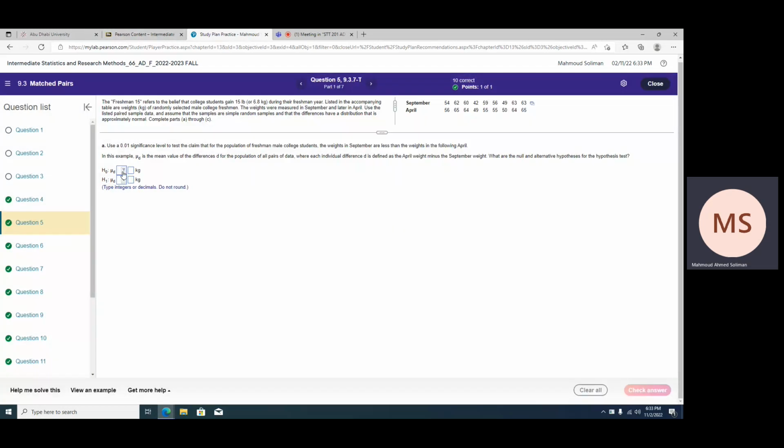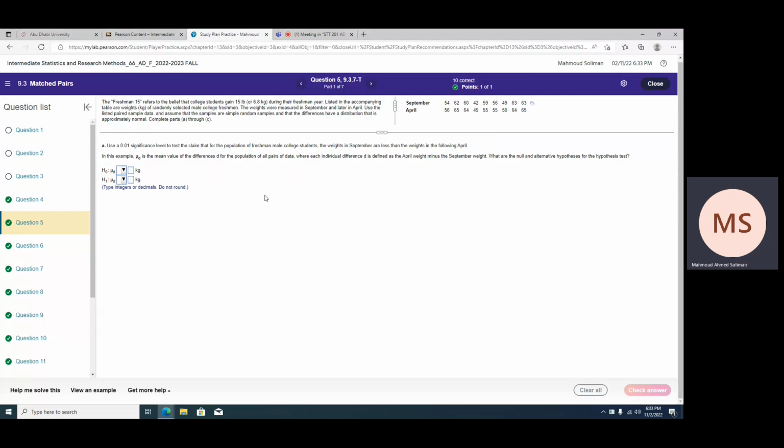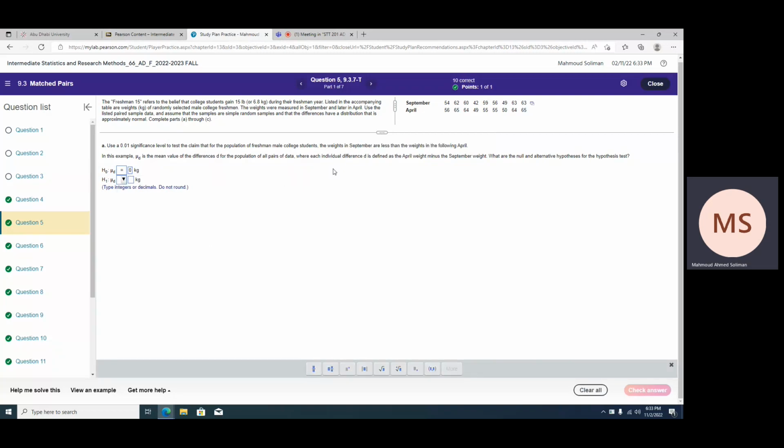Now 9.4. So here, look. We have September less than April. So the first one is 0. April less than September, and April minus September. So less than. Why?